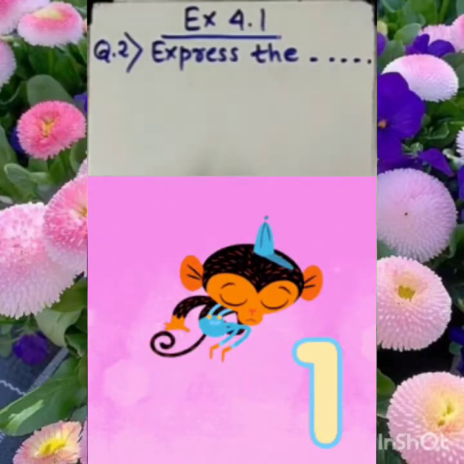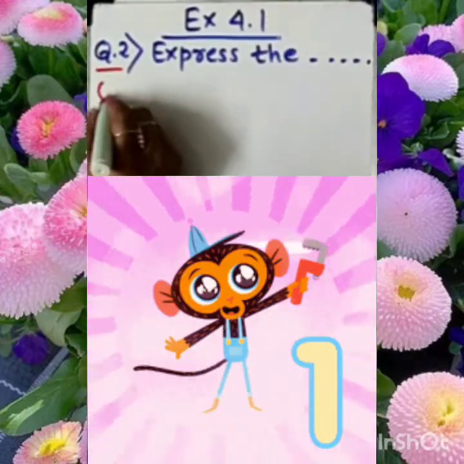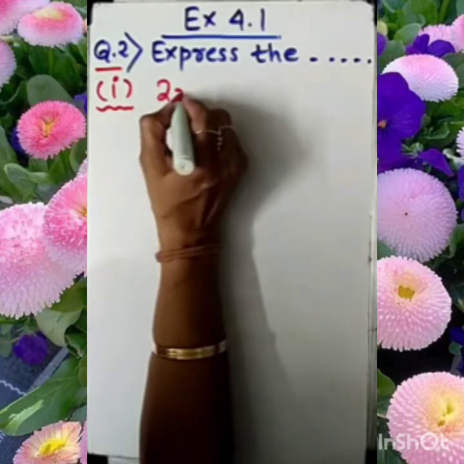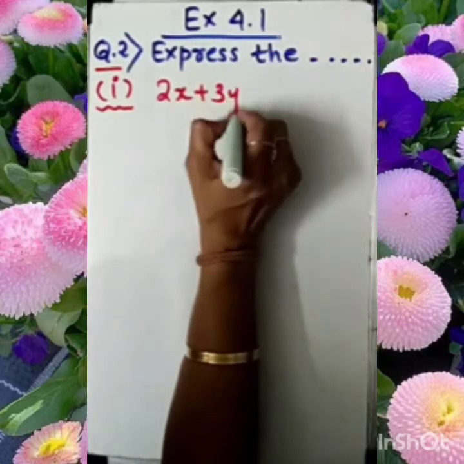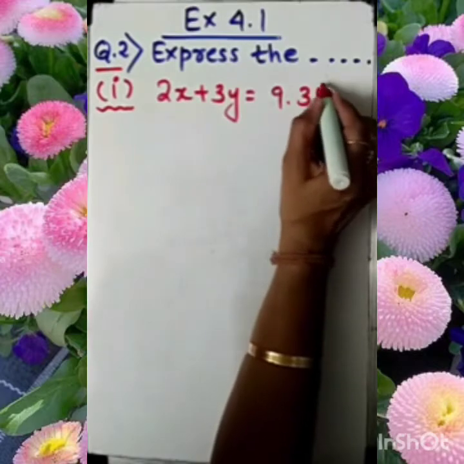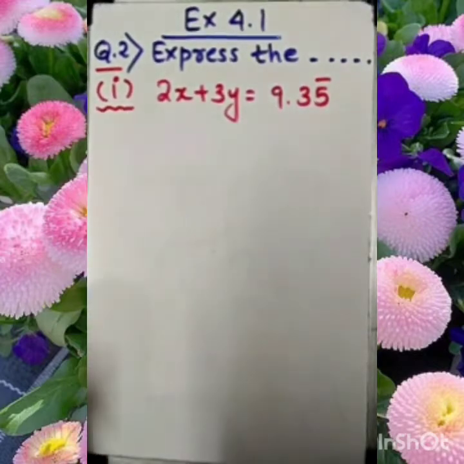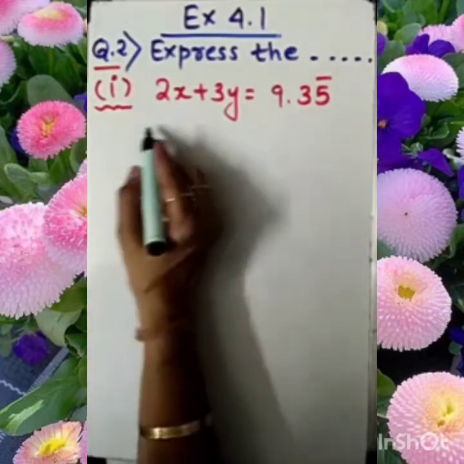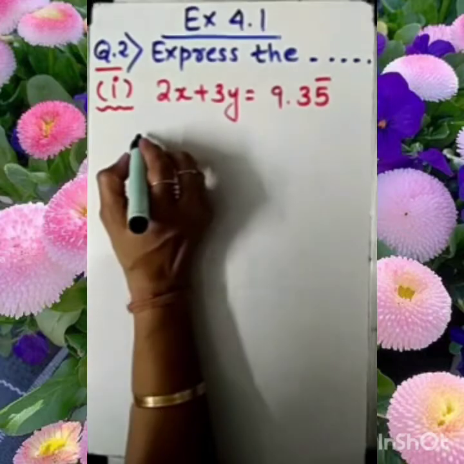Let's note down. The first equation, please note down dear student, is 2x plus 3y equal to 9.35, with a bar on the 5. Okay, so let's begin. First of all, we need to convert it into this form.